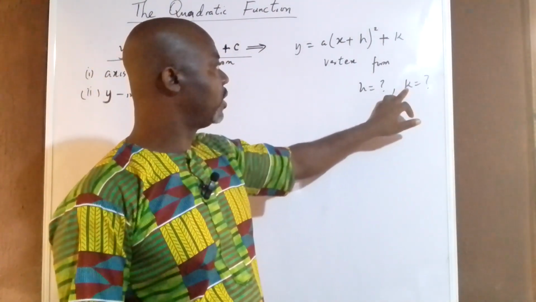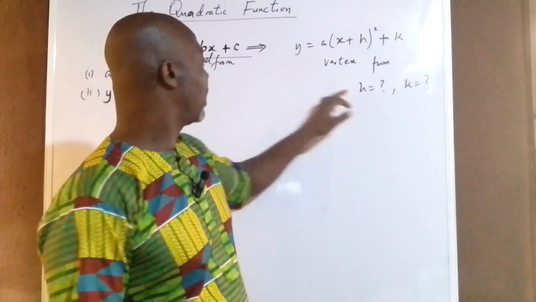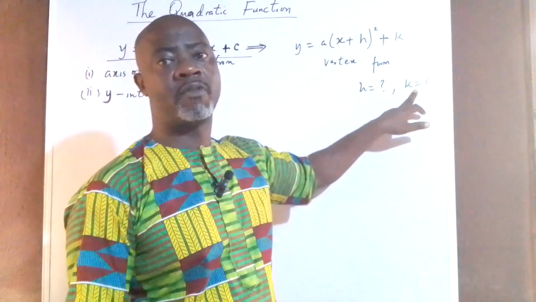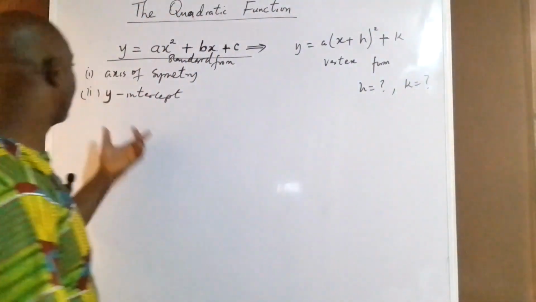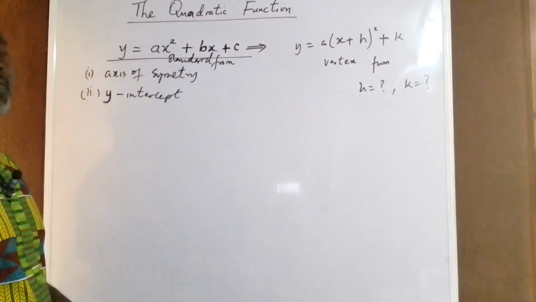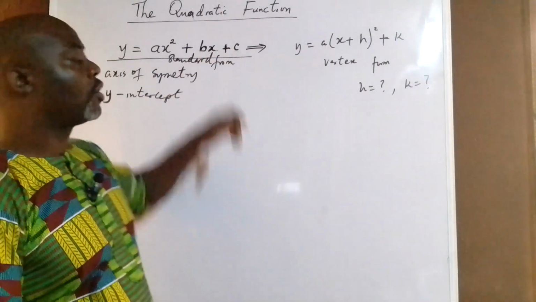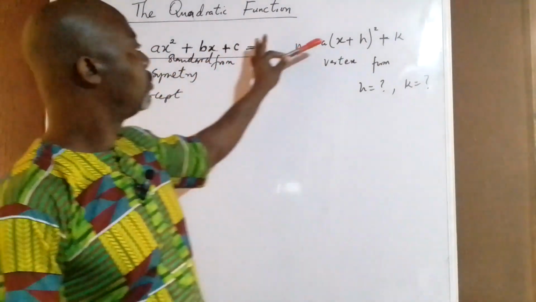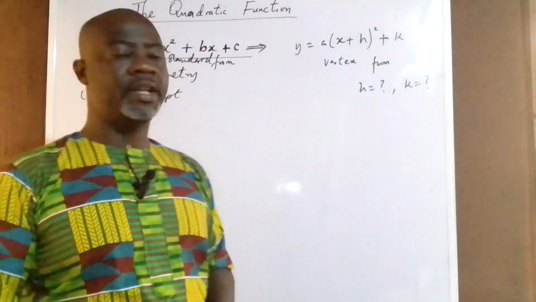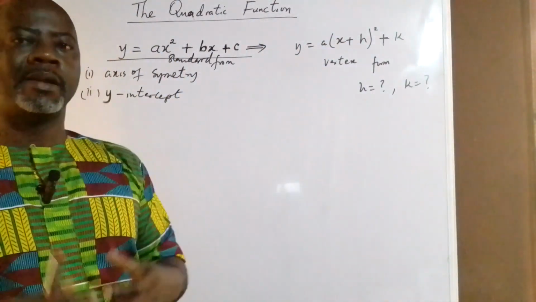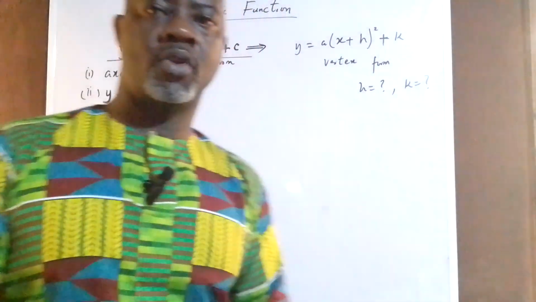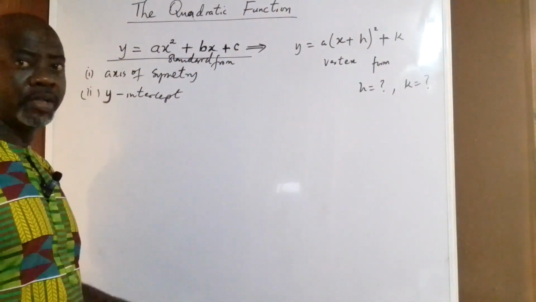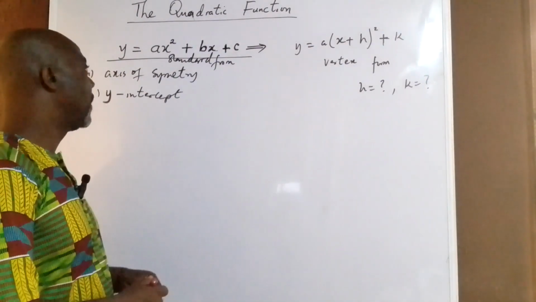The value of h will tell us what the axis of symmetry will be, and then the value of k will tell us what the y-intercept will be. And for us to do that, to convert from the standard form to the vertex form, there will be need for us to apply the principle of completing the square method. So without wasting much time, let's begin.